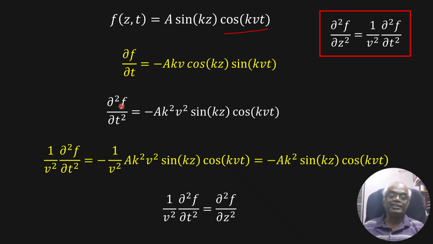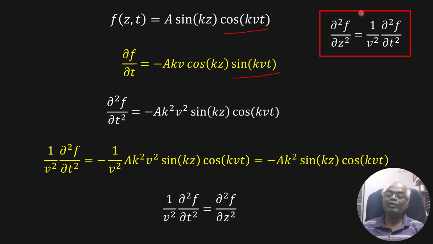If you differentiate it, you get minus kv sin(kvt). Differentiating again, cos(kvt) gives minus sin(kvt) multiplied by kv, and differentiating sin(kvt) gives cos(kvt) multiplied by kv. So this becomes −A k² v² sin(kz) cos(kvt).